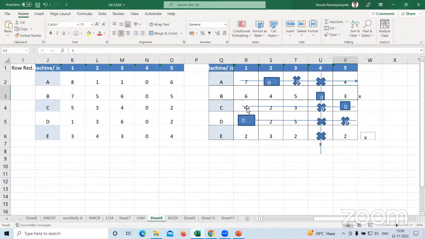The third row, 4, 2, 3 as it is, you need to write. For the intersecting point, you need to add 2. 2, 0, 0 as it is. Then 0, 2, 5, 2, 0. Then here 0, 1, 0, 0, 0. That will be the new matrix.